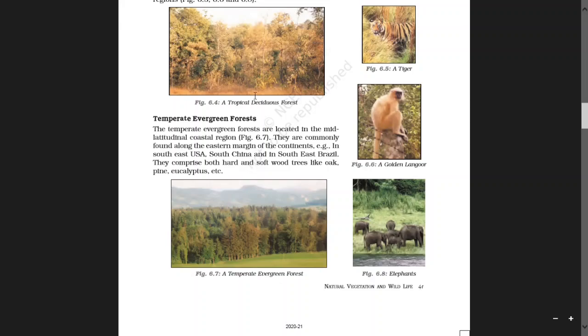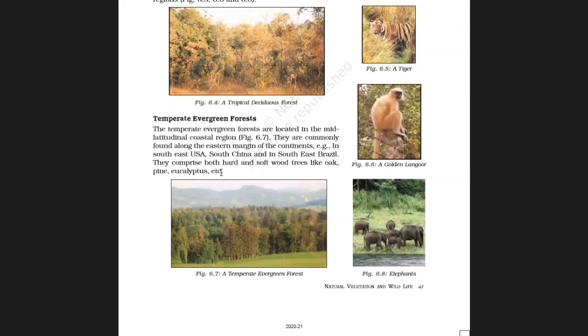They are commonly found along the eastern margin of the continents. For example, in southeast USA, South China, and southeast Brazil. They comprise both hard and softwood trees like oak, pine, eucalyptus, etc. So you see these temperate evergreen forests are found there in southeast USA, South China, and southeast Brazil.